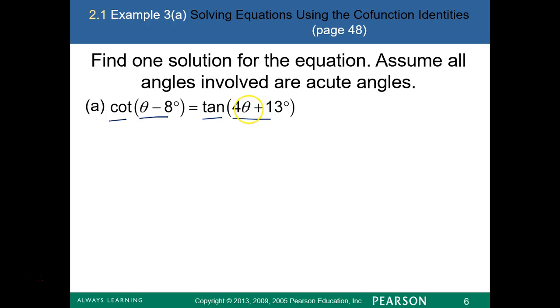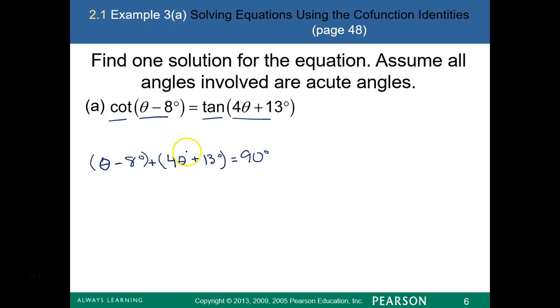So one way of solving for theta is by adding what's inside the parentheses of our cofunctions: theta minus 8 degrees plus 4 theta plus 13 degrees equals 90 degrees, because this angle plus this one equals 90 since they're complementary.